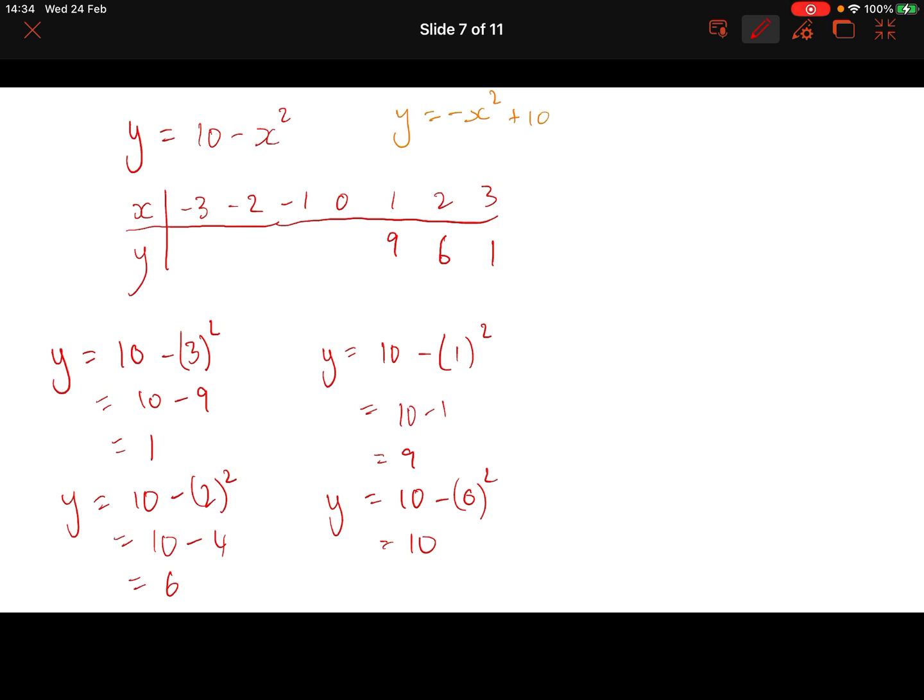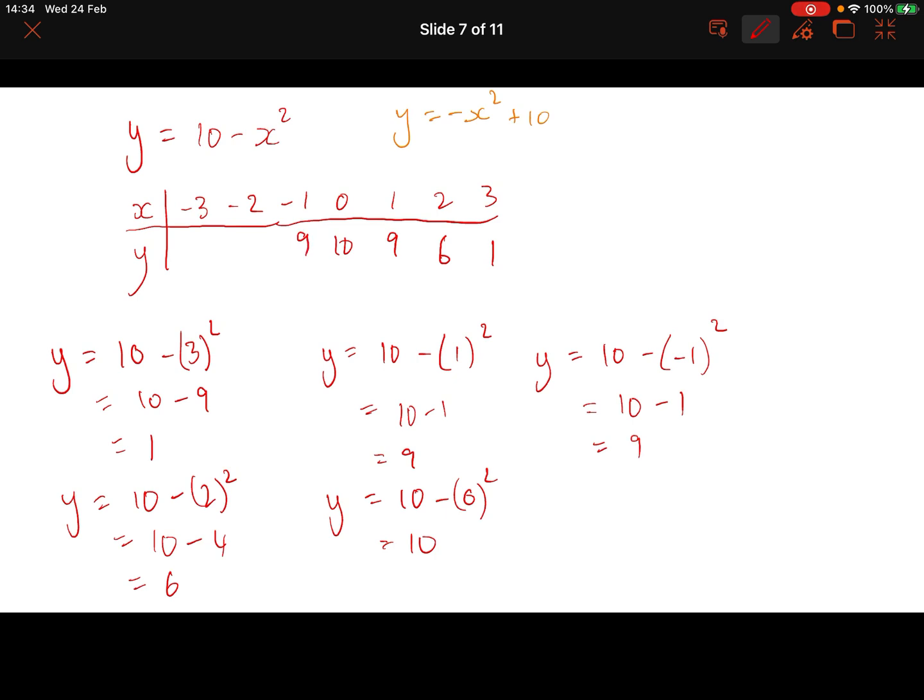Okay, what if x is equal to negative 1? So we're doing 10 minus negative 1 squared. This is why it's so important that you use brackets. Okay, negative 1 squared is positive 1, so we're going to basically come back down to 9. Okay, you can see what's happening here.